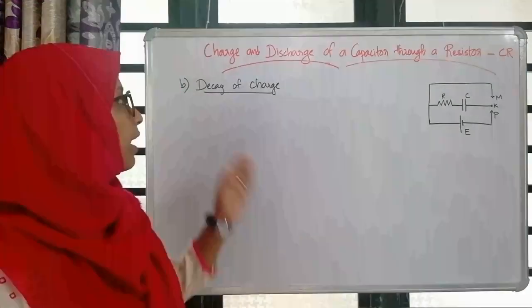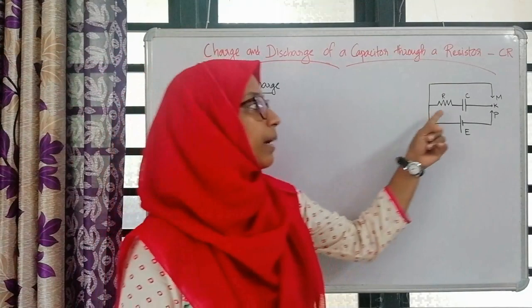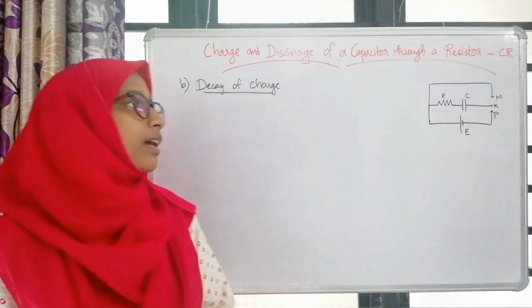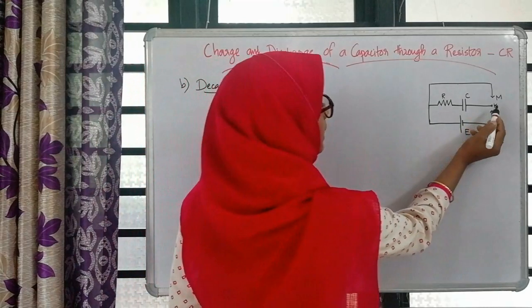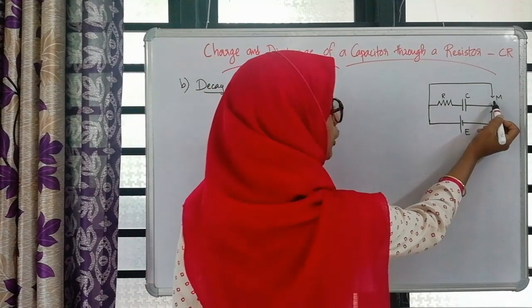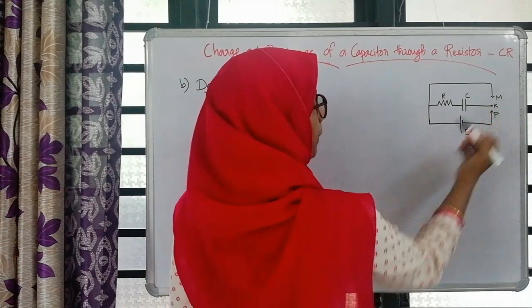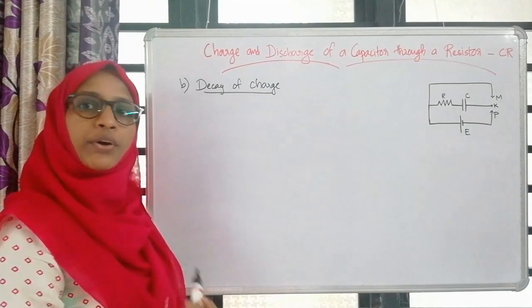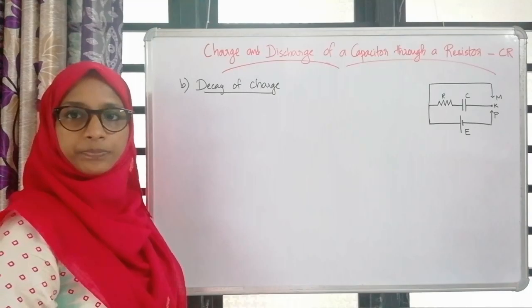We know after the charging of a capacitor, the capacitance C is having a charge Q0 initially, and when the Morse key is released from P, it will be connected to M. Then there will be no applied EMF. It starts to discharge from Q0 to a minimum value of 0.